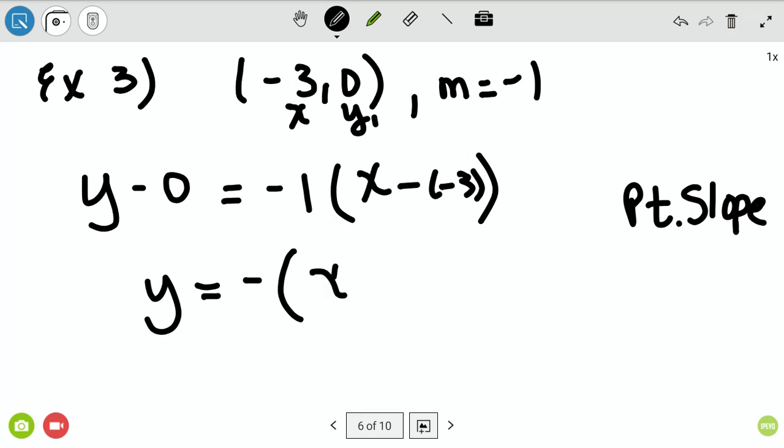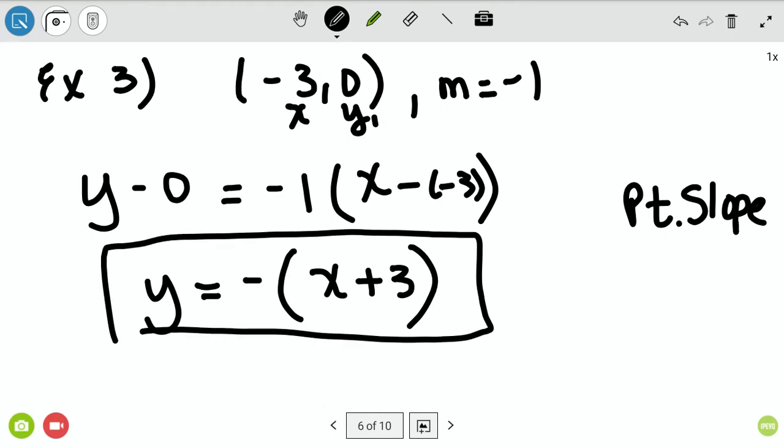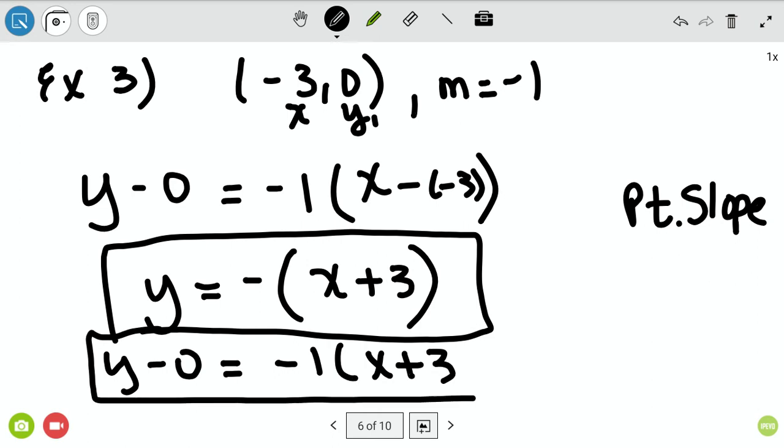And then x minus a -3 is x plus 3. This would be correct if you left the y minus 0 and you left the 1. That would be fine as well. That would also be correct. Okay? This is point slope form.